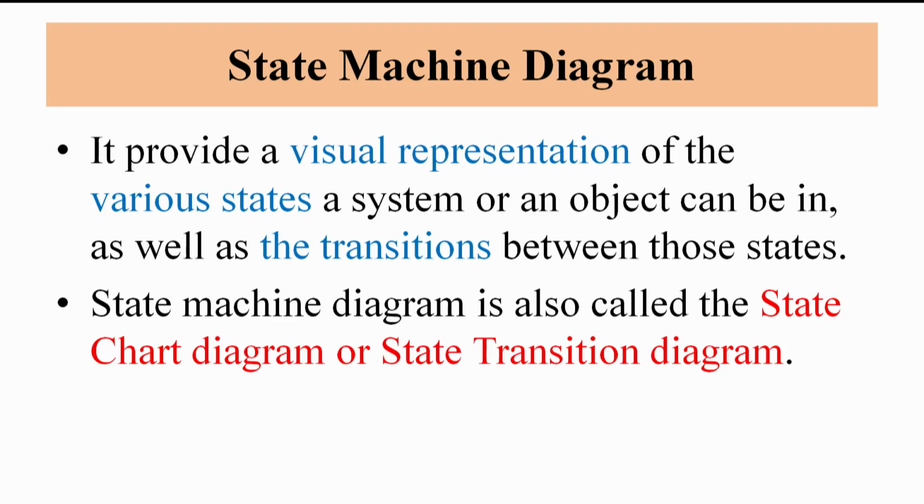But if you are taking a complete system, and in that system you are trying to represent or depict the state machine diagram, then you have to take care of what kind of different classes of objects you are targeting, and accordingly you will make different state machine diagrams for your representation in the design.